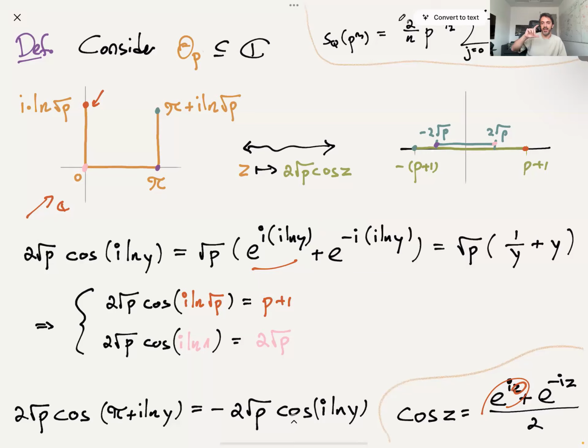In particular, at the edges, when y is square root of p in this red dot, you get p plus 1. Plugging y as a square root of p, you get 1 over square root of p plus square root of p, which is square root of p times 1 plus p, over square root of p, and it cancels, and you get p plus 1.